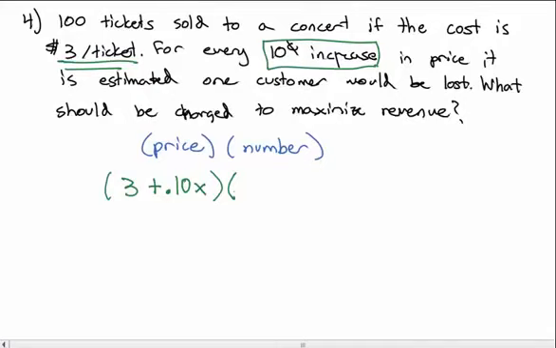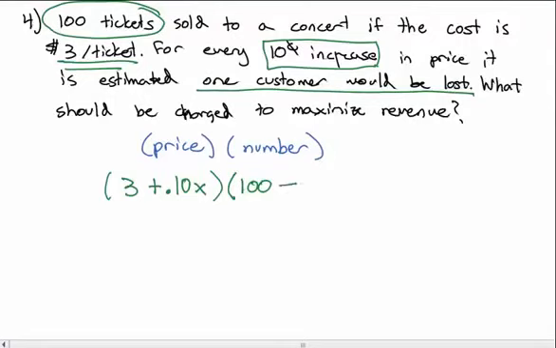The number of tickets sold then, we're starting with 100 tickets, but one customer is going to be lost for each increment. So we're going to subtract one customer, 1x, for each increment. This now gives us something that we can maximize.